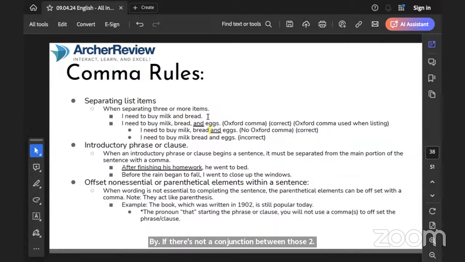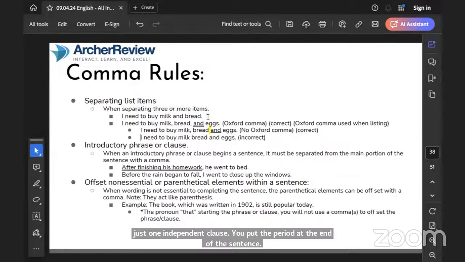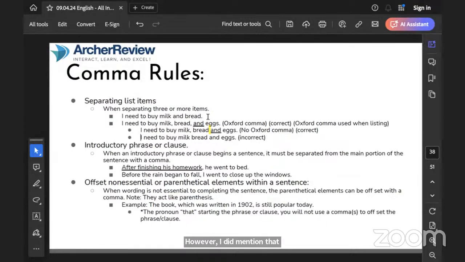Then I mentioned it briefly earlier when we were talking about simple sentences. With simple sentences, because it's just one independent clause, you put the period at the end of the sentence. However, I did mention that if you have an introductory phrase or clause, mainly just a phrase, especially if it's that simple sentence, you do need to be mindful of whether commas need to go in there.